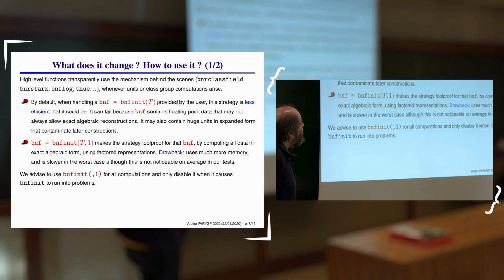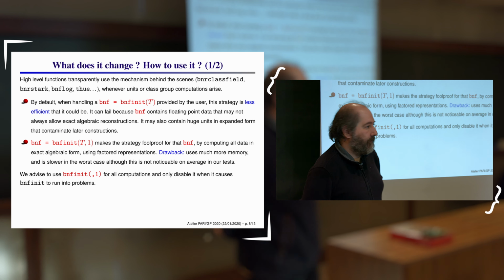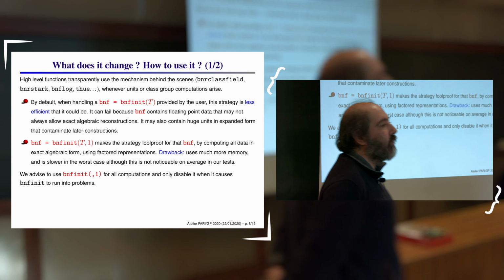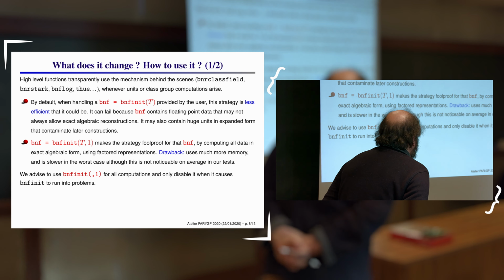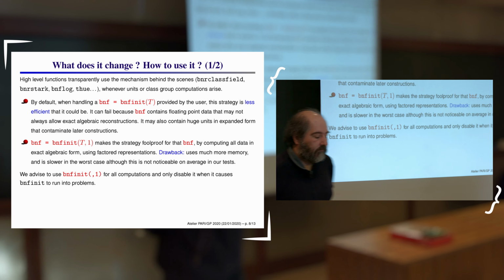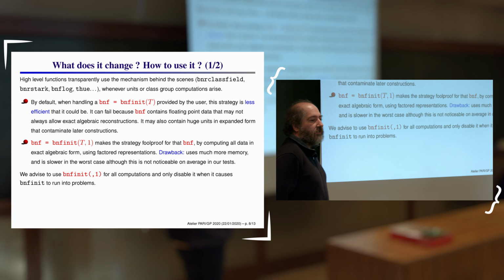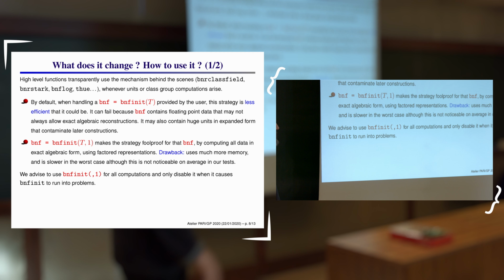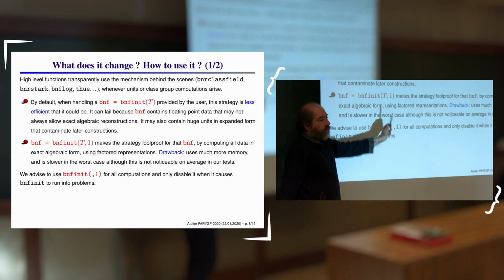So it has some drawbacks. It uses more memory, definitely. So the BNF init function itself will use more memory, maybe 10 times as much, not much more. Sometimes it's just the same, but when you add this, you anticipate that you will need more memory. Second, it can be slower in the worst case.